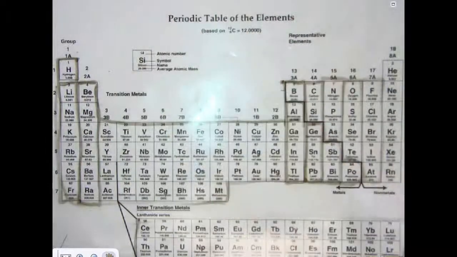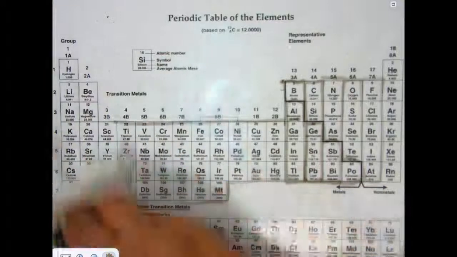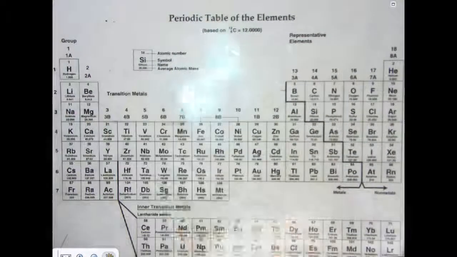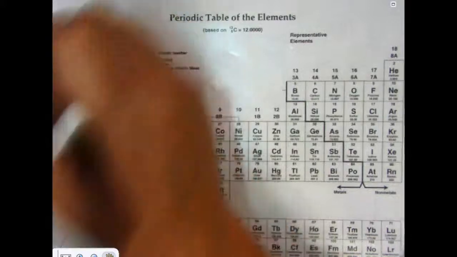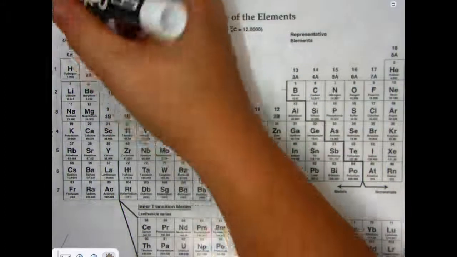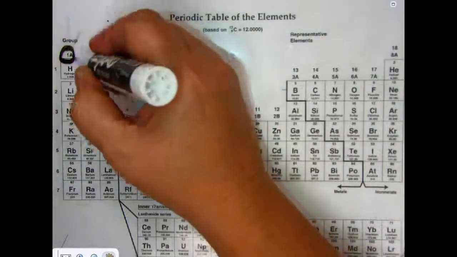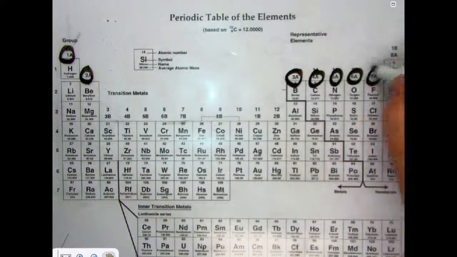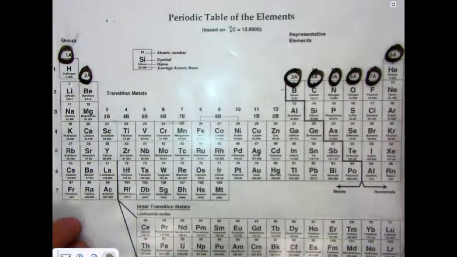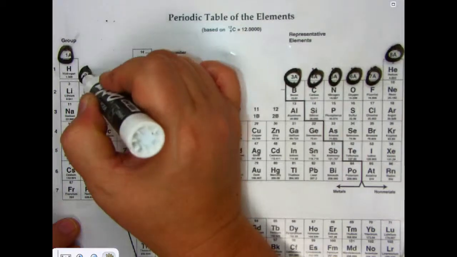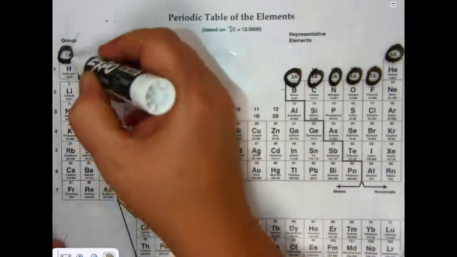Okay, the next thing that we need to understand is the grouping. Now we have groups which are columns. And the columns have certain characteristics. And if you remember, I told you to remember the 1A, the 2A, the 3A, the 4A, the 5A, the 6A, the 7A, and the 8A. And the reason that's important is because those will tell you how many valence shell electrons each of the elements in that column have.